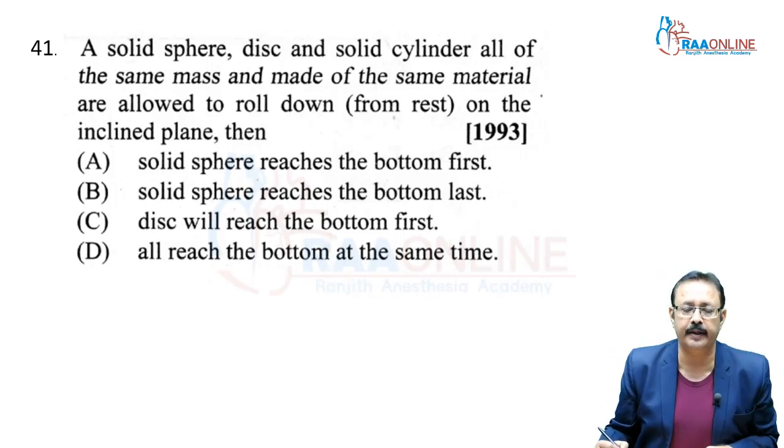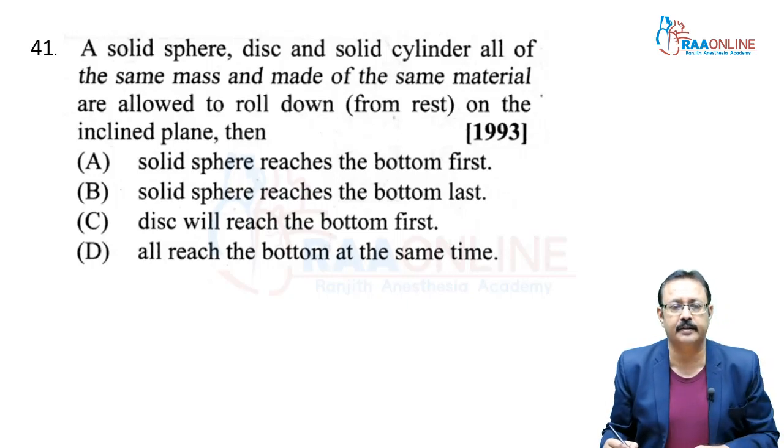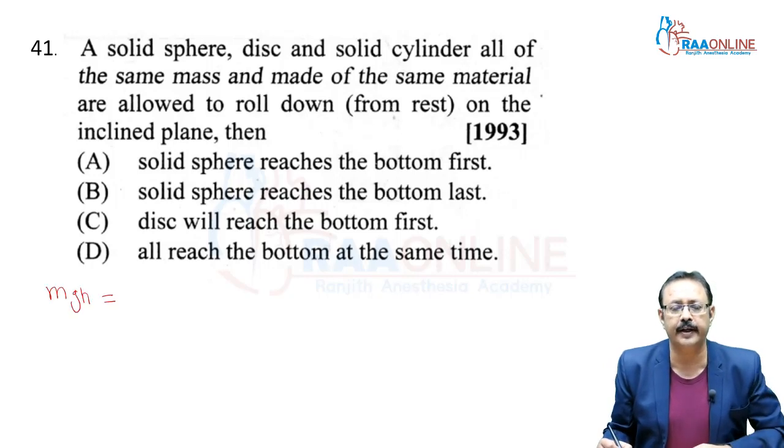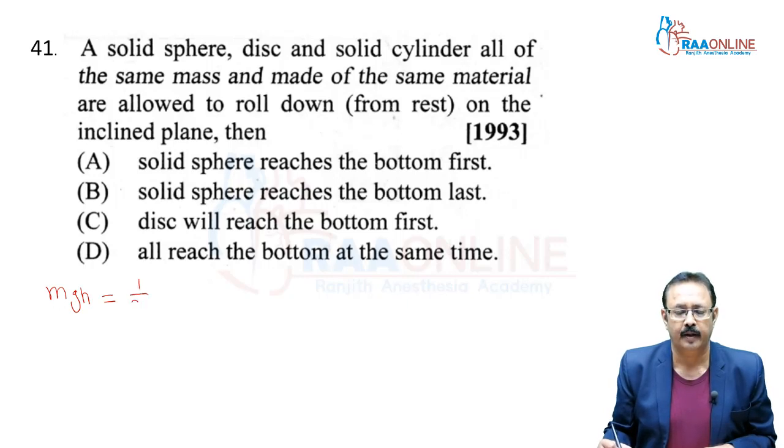What is happening there? We discussed that when an object is rolling down, its potential energy is converting into two types of energy, half mv square plus half I, meaning mk square.